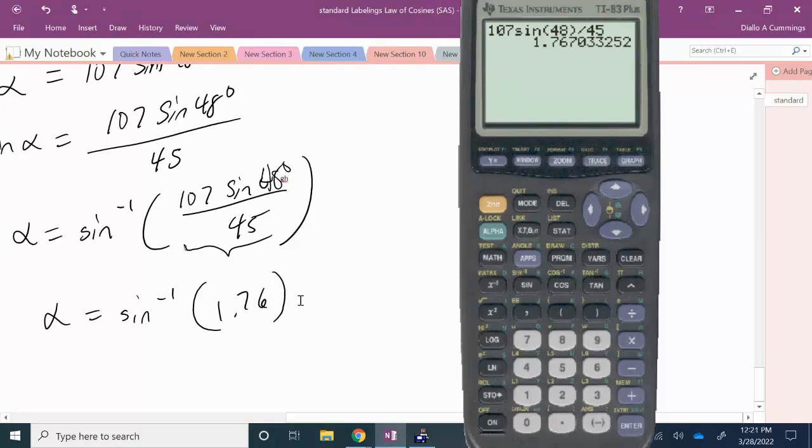We talked about how the sine value can't exceed 1 and can't be less than -1. So notice that when we evaluate the innermost part of this arc sine, we get something greater than 1. Notice that we get an error. That alludes to the fact that this is a no triangle solution.